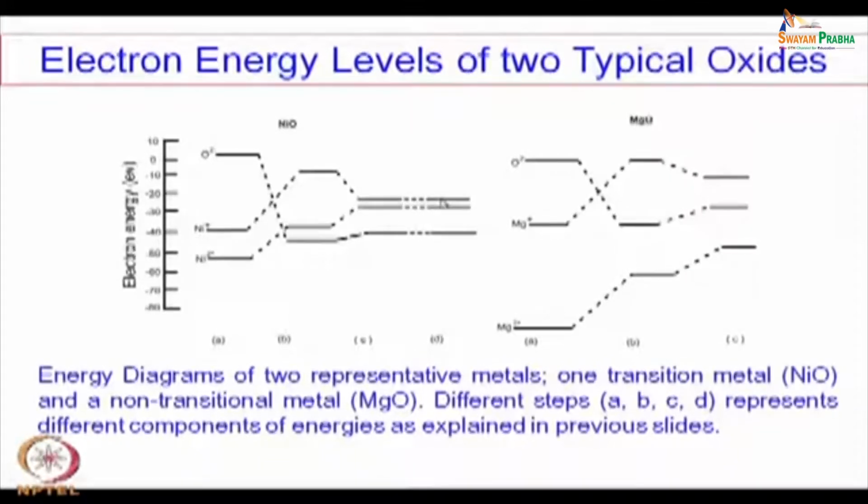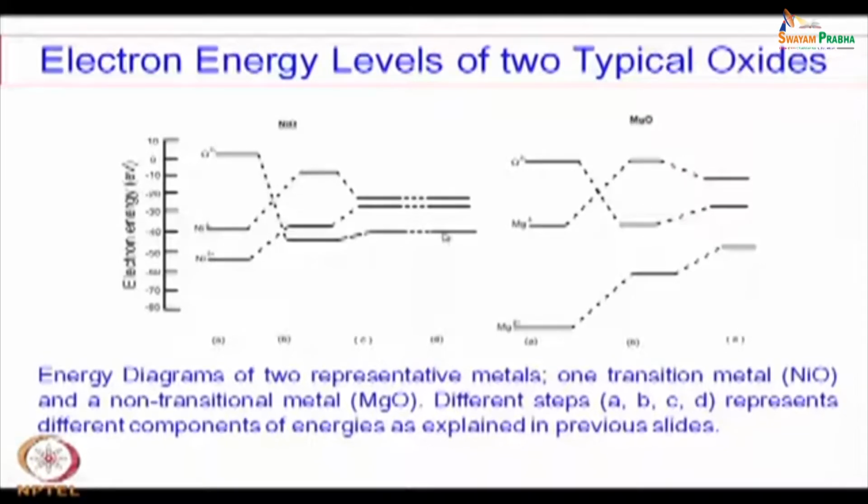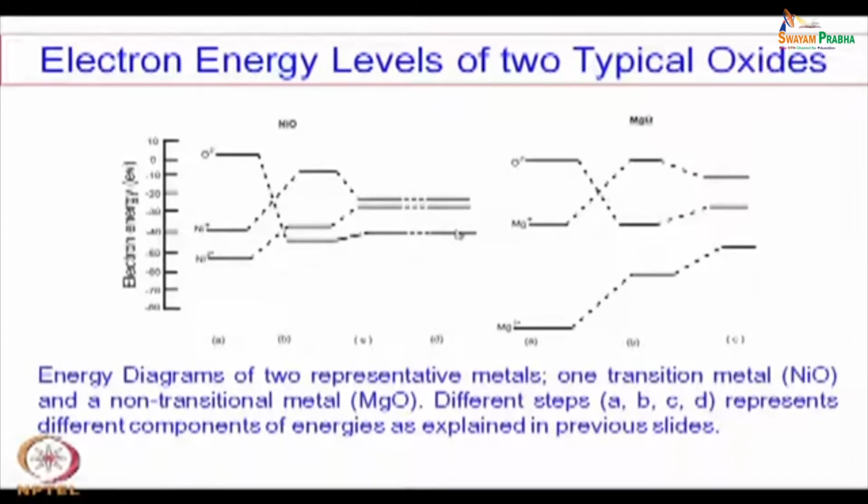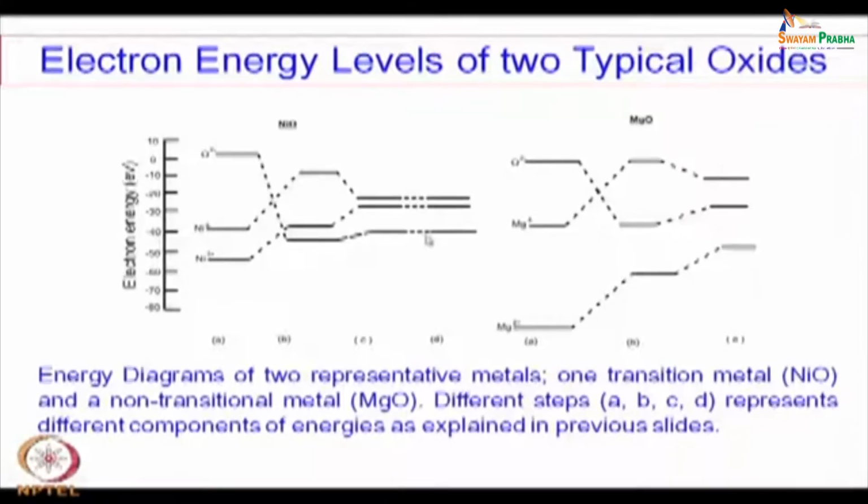So, finally these are the energy levels, designated according to the charge states of the cations or the anions when the electrons have been put in there. In this case, in the transition metal oxides, the highest level is Ni+, the next lowest level is Ni2+, and oxygen is much below.